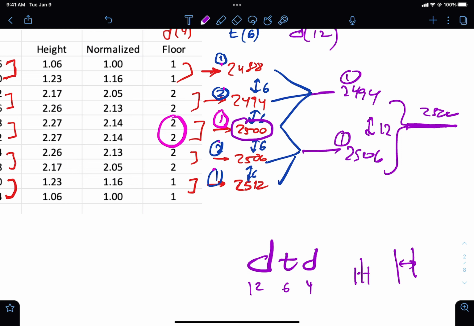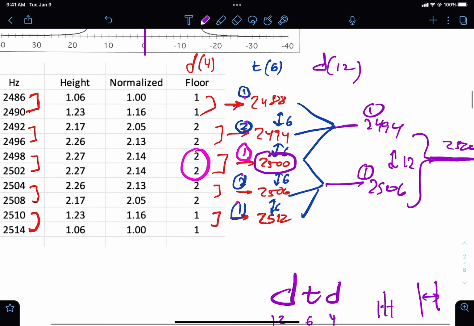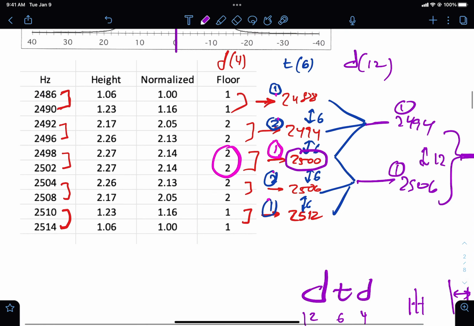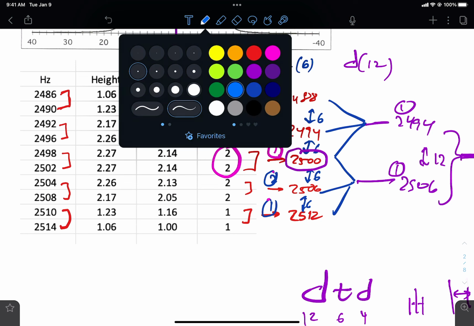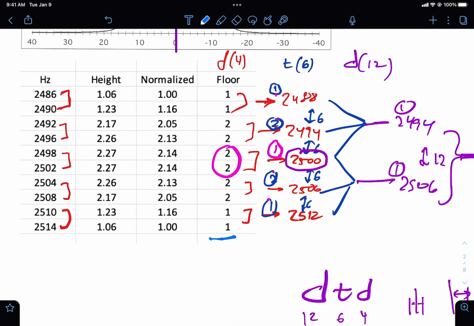Okay. Now, there's a little shortcut that you can take to either help you confirm your answer or help you do a little bit of process of elimination before you start. So here's a trick: you add up the integrations. Once you've normalized them and rounded them, add up the integrations.